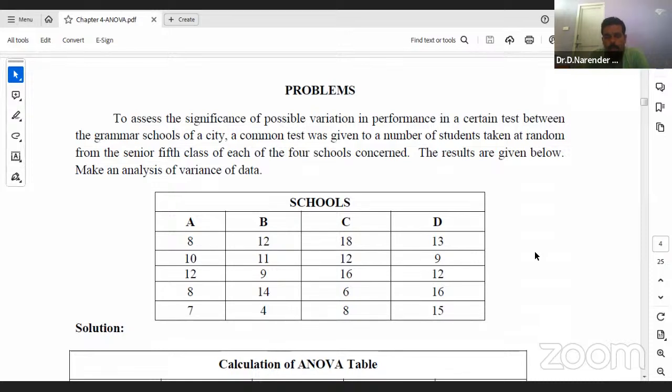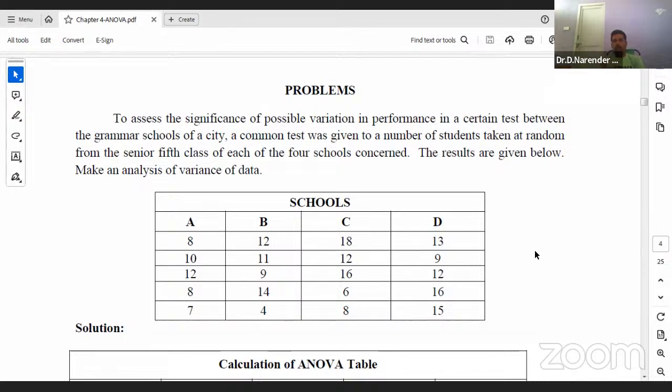Make an analysis of variance of the data. So here in a city, grammar schools are there, and the schools are A, B, C, D.